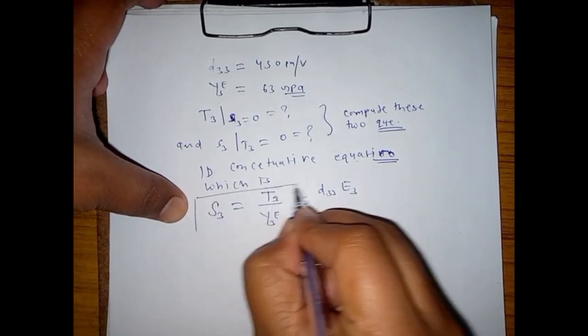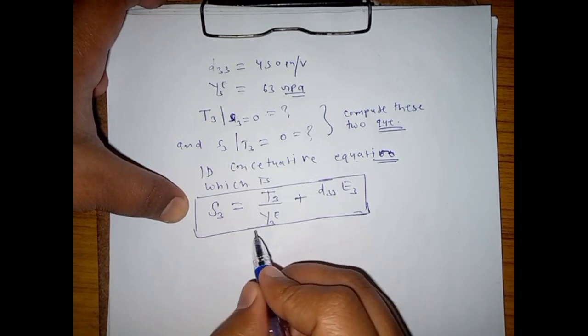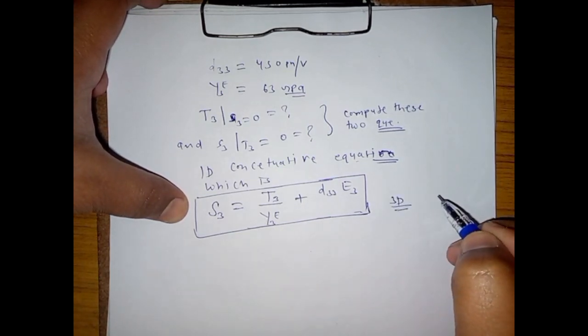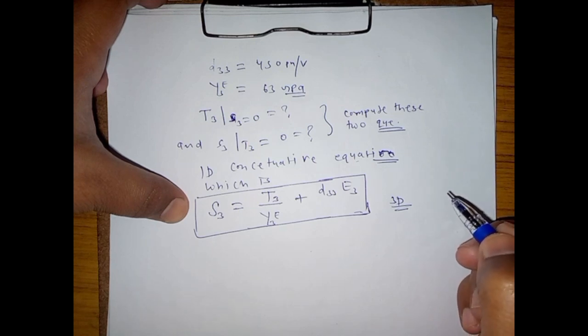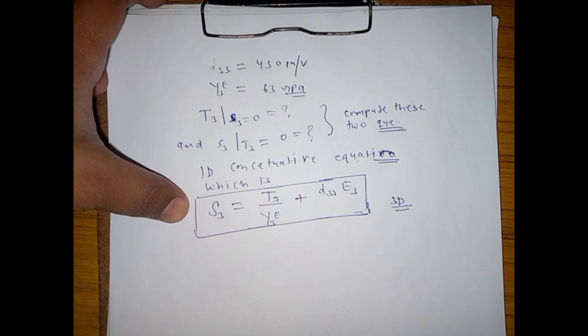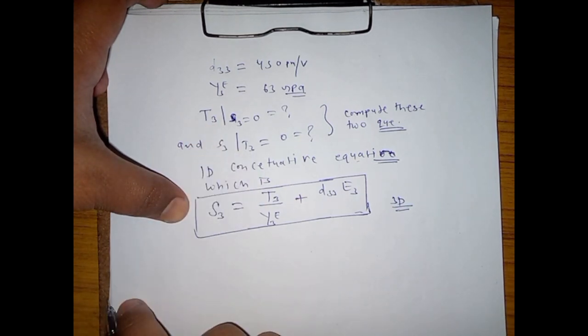This is the one-dimensional piezoelectric equation. It comes from the three-dimensional analysis of the piezoelectric materials, right? So the question is, we have to compute the block stress and the free strain.